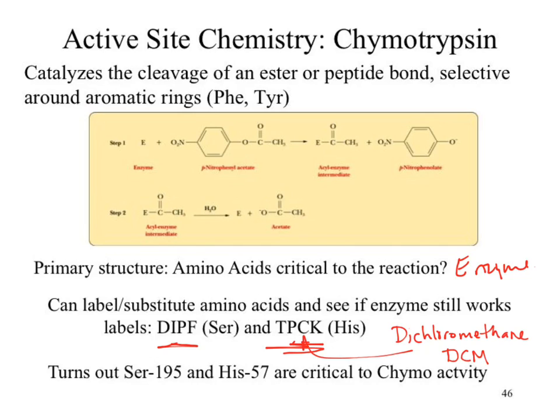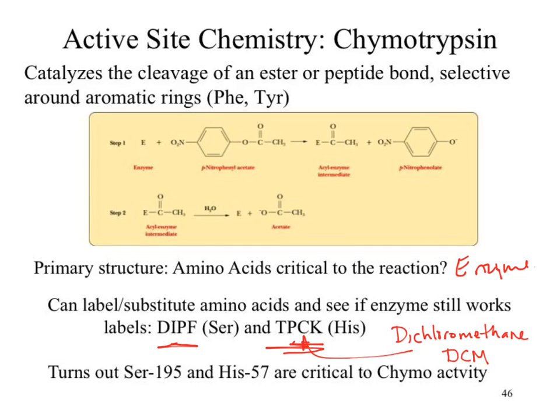An enzyme can be just a protein, it can be a protein with metals coordinated in it, or with different organic molecules coordinated within it. We put these labels in there to label those positions and prevent the reaction. So we labeled and said, oh, it stopped working. What does that mean? That means those types of amino acids were pretty important to the activity of the enzyme.